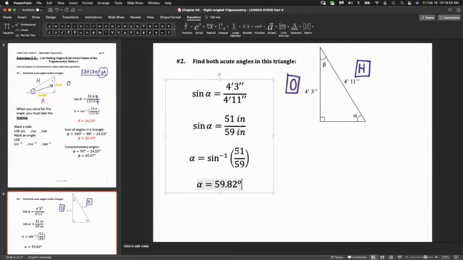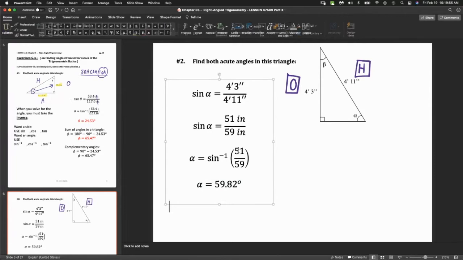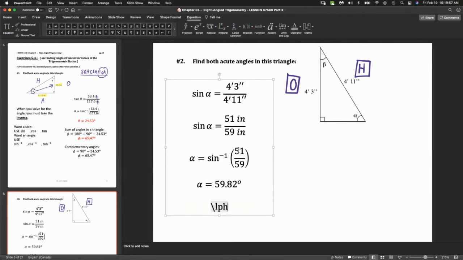We got alpha. You could use cosine or tan to get beta, but the most efficient way is to use the 90 or the 180. So I'll do the 90 rule this time. So beta is 90 minus that. I'm doing it the way Maha did earlier in the chat, which is the more economic way to do it.